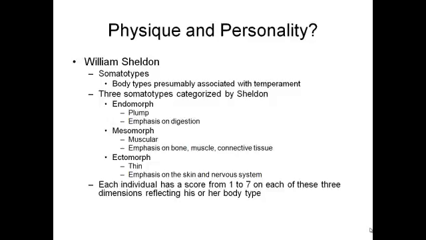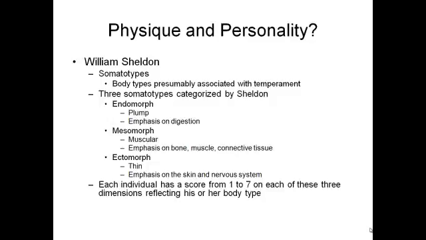So remember, we go back to the trait perspective. These represent personality types. Remember, this type of personality is put into this particular category. And in this particular theory, it has to do with the body type that is presumably associated with your temperament.